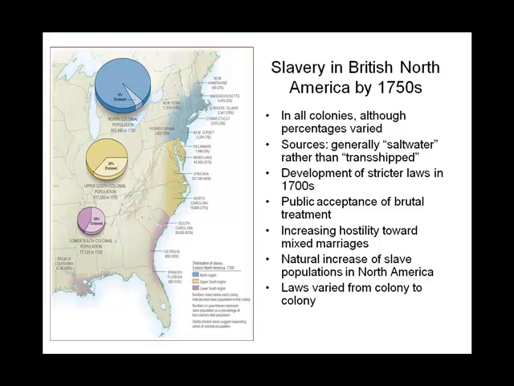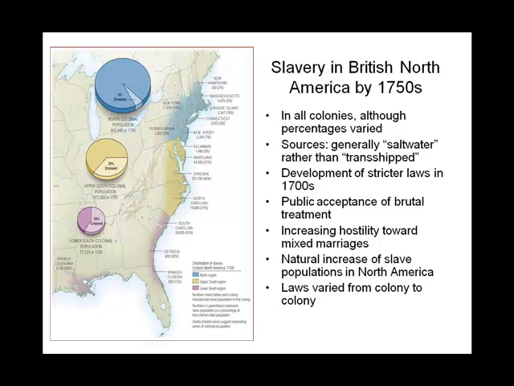And then you look at Virginia, where slaves are representing over 40% of the population, and South Carolina, where the black population is 61%. South Carolina is going to be the only colony that has this black majority. So slavery exists in all of these colonies, but the percentages of the population vary.